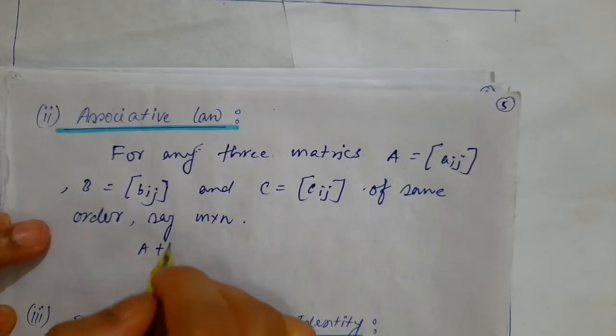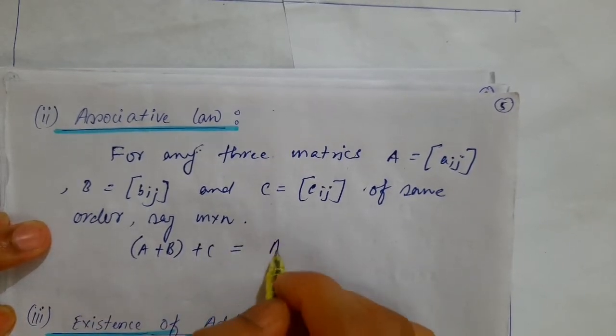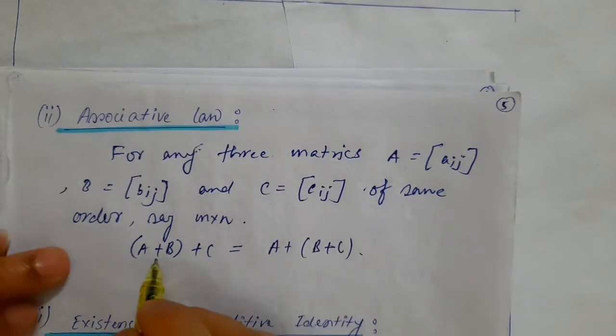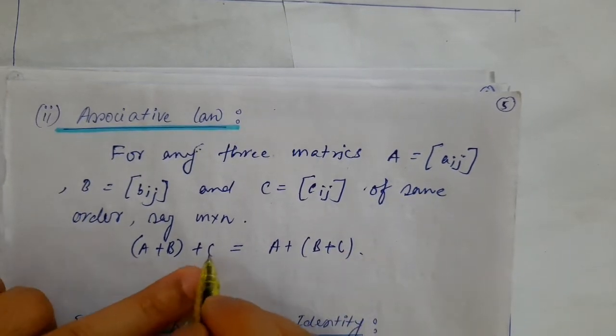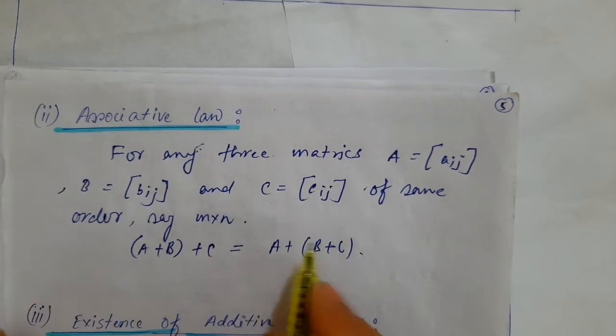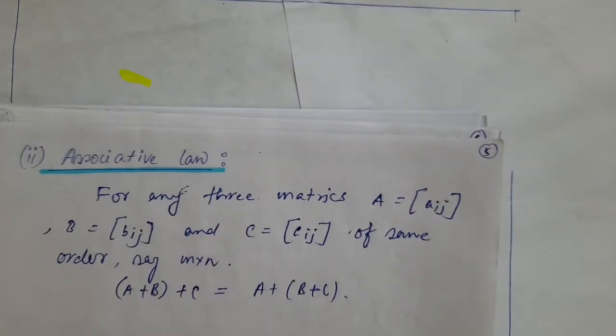A plus B plus C will be equal to A plus the sum of B and C. We sum up two of them first, then add the third one to the resultant. That is the associative law.